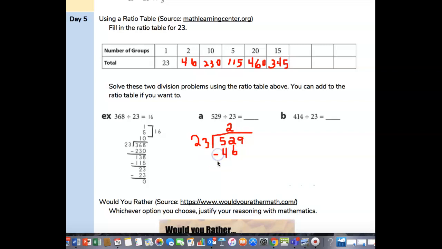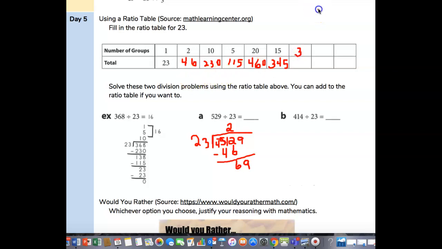And we're going to subtract. All right, and then we're going to borrow. 12 take away 6 is 6. Bring down our 9. All right, so I think we need to add to this actually. Let's add 3.